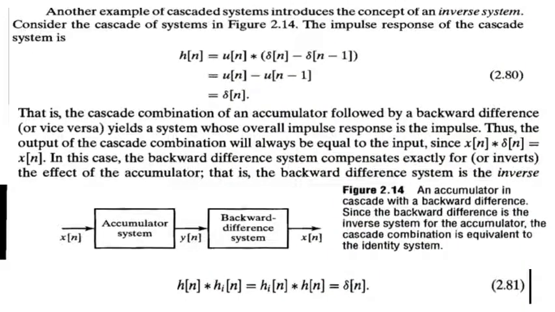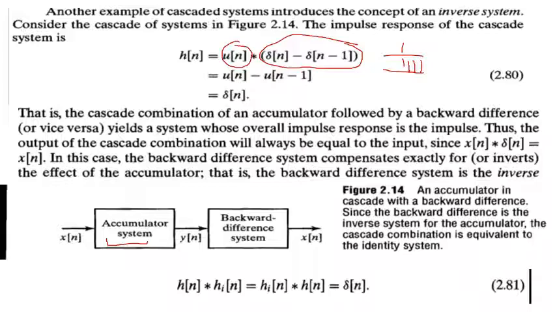So here we have another cascaded system. This is accumulator system, and we know the impulse response of accumulator system is unit step. Now we have backward system. We know the impulse response of backward system. So if I convolve u of n with a simple impulse, what will you get?